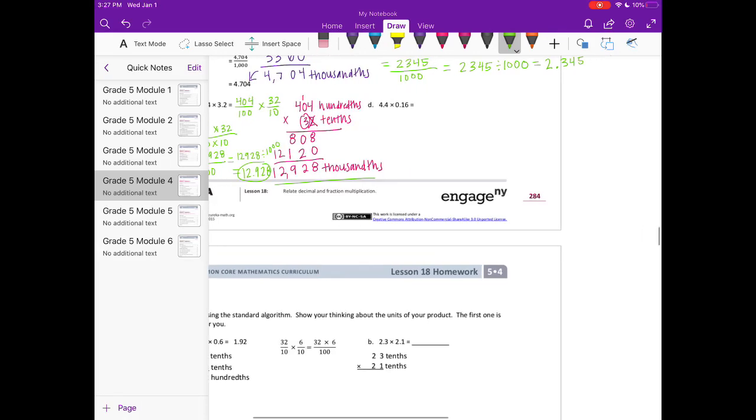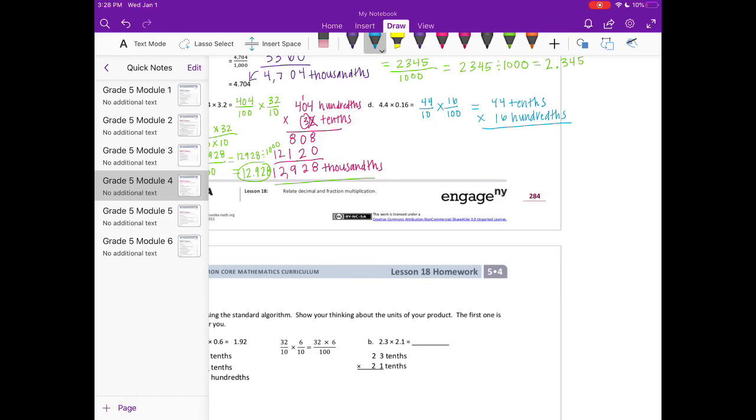D, 4 and 4 tenths times 16 hundredths. So we have 4 and 4 tenths, which would be 44 tenths, times 16 hundredths.